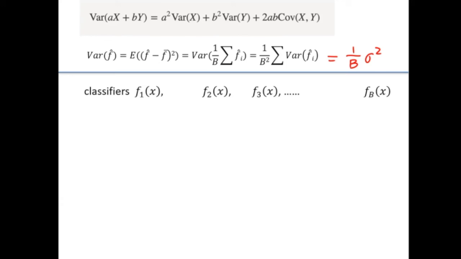You have a total of B such base classifiers. This gives you B sigma squared, and the final outcome is 1 over B sigma squared. Question about this? It's actually very easy to prove, just from the basic axioms of variance equations.